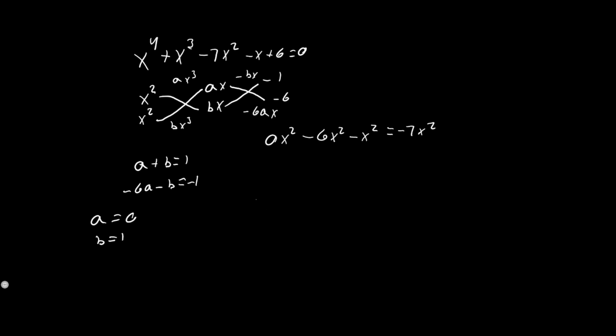So we have negative 6 times 0 x minus 1x, which this just becomes 0, giving us negative x. So we get our quadratic factors to be x squared minus 1 times x squared plus x minus 6.